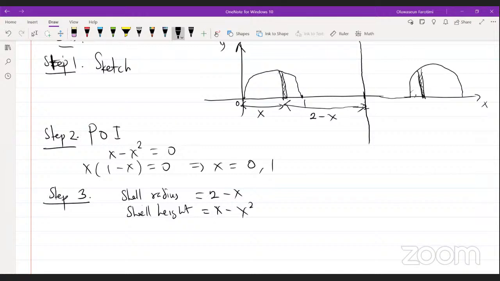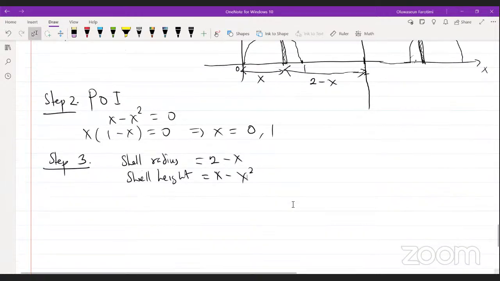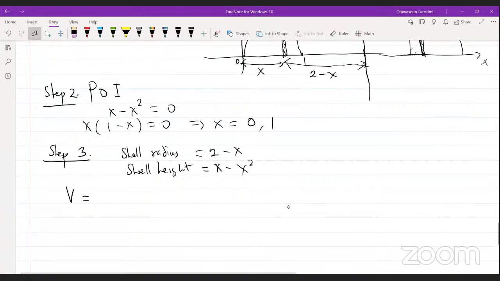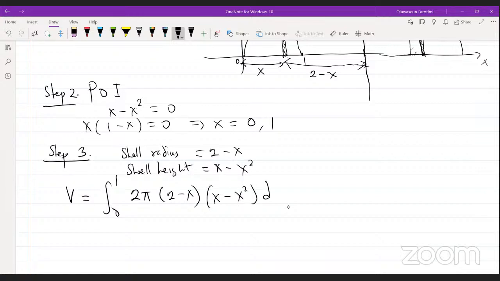You think about it like, okay, it's just a single curve. You have y equals 0, which is just a line. So we're going to put things together now. V equals integral from 0 to 1 of 2 pi, shell radius 2 minus x, shell height x minus x squared, dx.